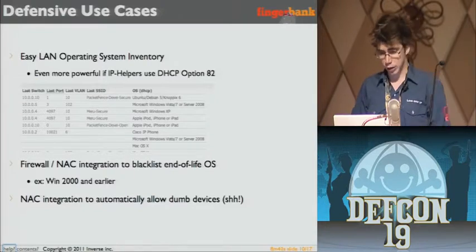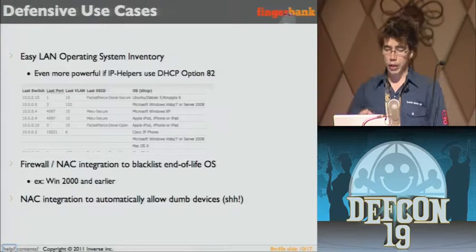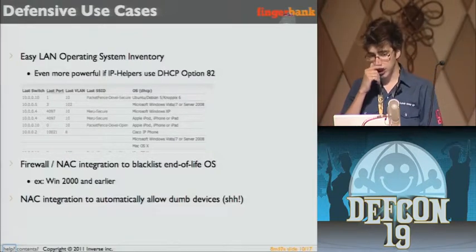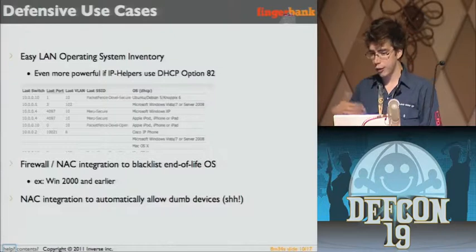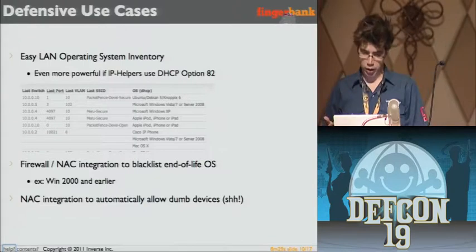It's pretty powerful and interesting for network operators to know that. You can do firewall and network access control integration to blacklist end-of-life stuff, for example, or even better, BackTrack, or Linux if you want.